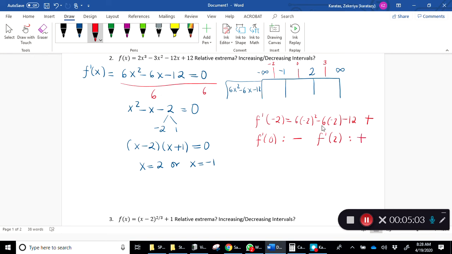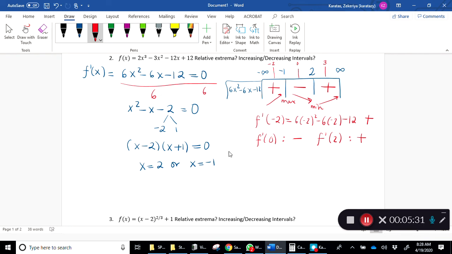So once we check the sign, we get plus here, then minus here, and then plus here by using the test values. So that means your function is increasing in this interval, decreasing in the second interval, and increasing in the third interval. So you have a relative max in here, and you have a relative min in here.